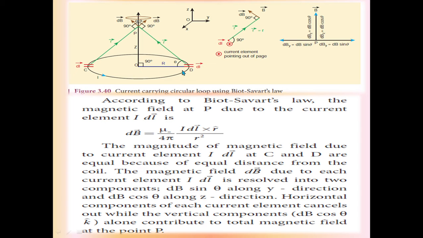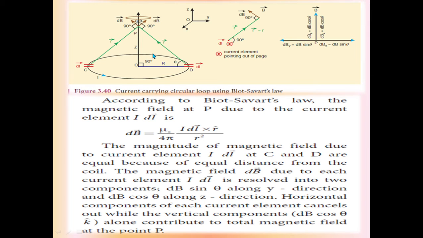The magnetic field dB vector due to each current element I dl vector is resolved into two components. One is the dB sin theta component along the y axis, and another is the dB cos theta component along the z direction.